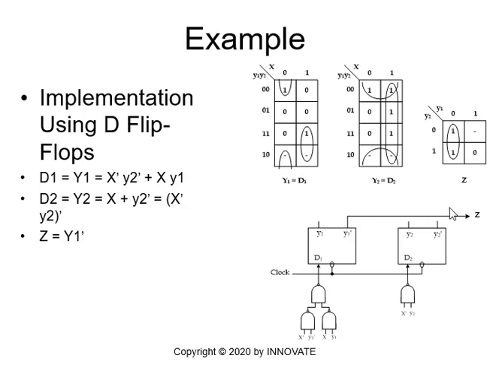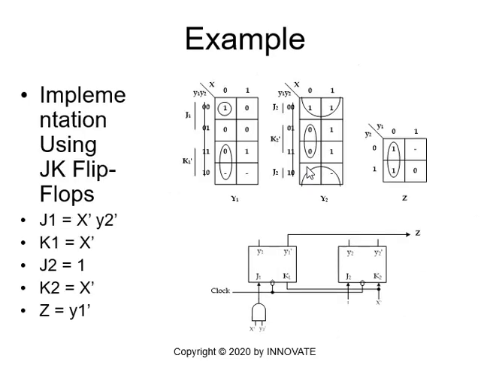So we implemented with the D flip-flop. Now, we can use the same K-maps to implement with JK flip-flops, T flip-flops, and SR flip-flops. We did this in the previous lectures. For the JK flip-flop, I will go to the Y1 map, and based on the characteristic equation, Q plus equals J Q prime or K prime Q, I will divide the map into two maps.